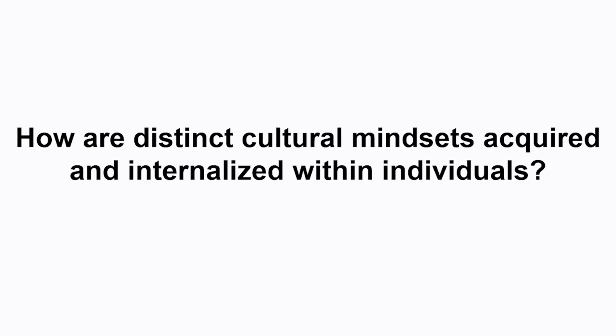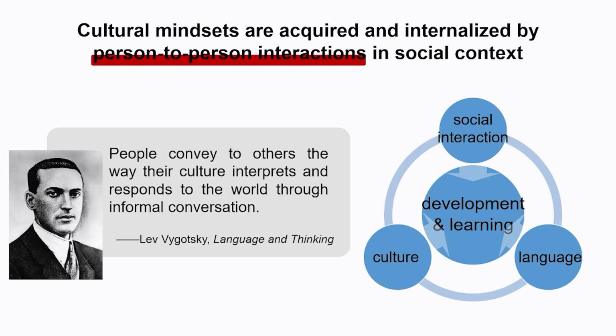However, the question is, how do we acquire and internalize such culturally distinct mindsets? Based on Vygotsky's theory, which is very old but classical, people convey to others the way their culture interacts and responds to the world through informal conversation. And nowadays we call this social learning.